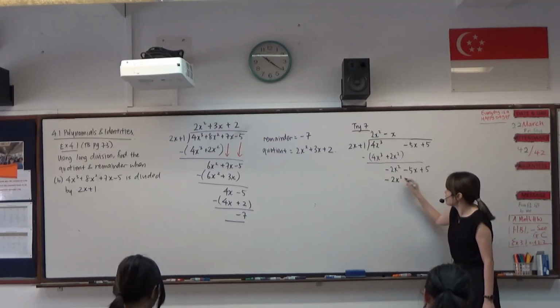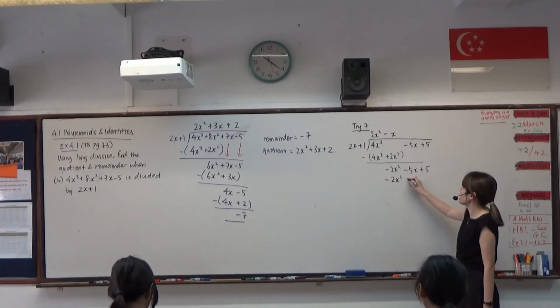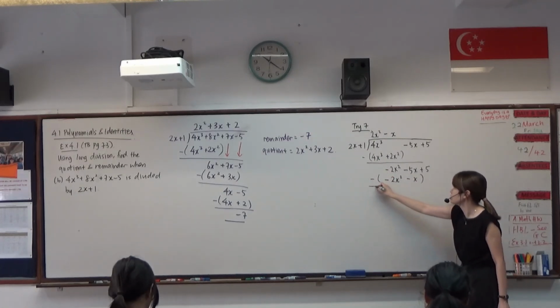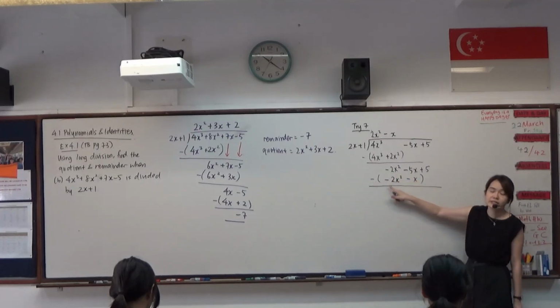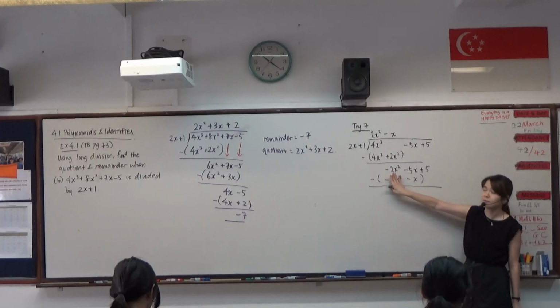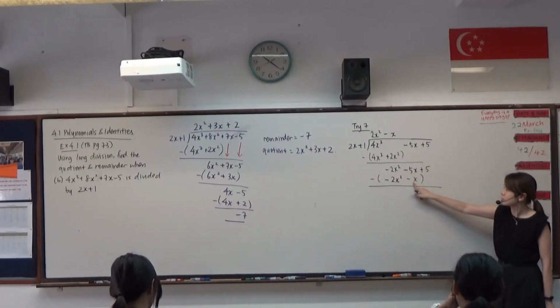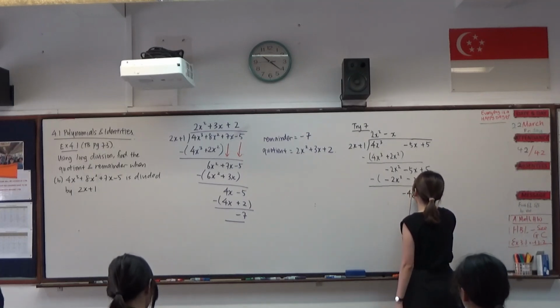Then negative x times 1, I will get a negative x. So subtracting this entire thing, negative 2x squared minus away negative 2x squared, they are the same, so this disappears. Negative 5x minus away negative x will then give us negative 4x.